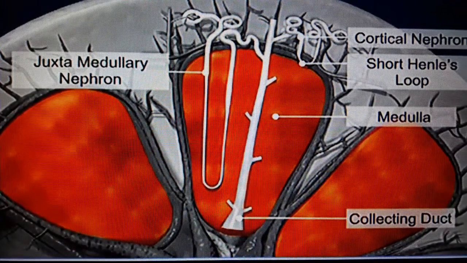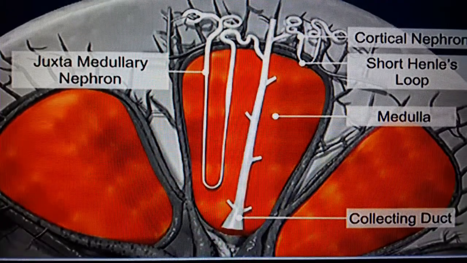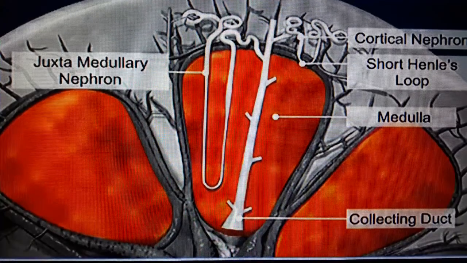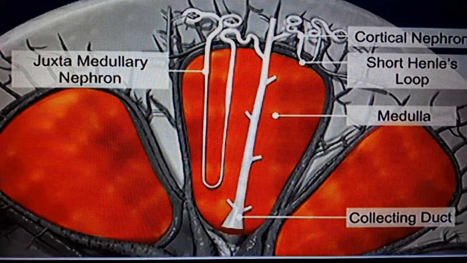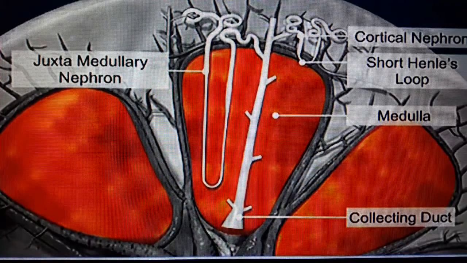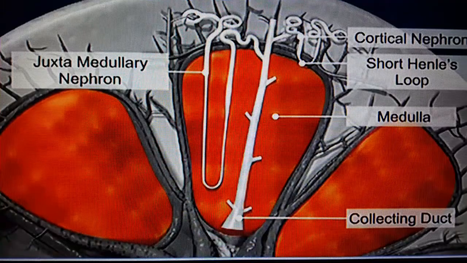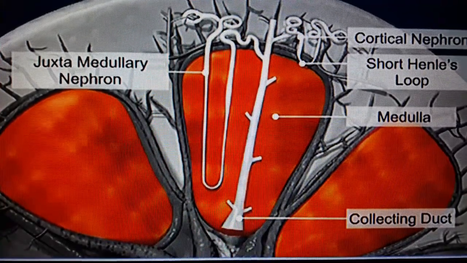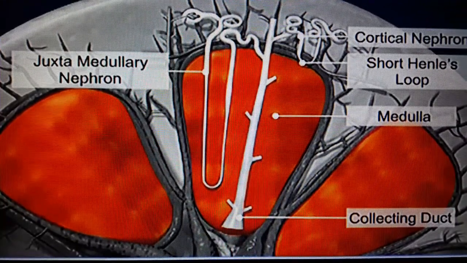Part of nephron: the first one is the proximal nephron, which has three parts: Bowman's capsule, glomerulus, and proximal convoluted tubule. First, Bowman's capsule. Now we talk about the type of epithelium in Bowman's capsule: simple squamous epithelium with unique cells called podocytes.